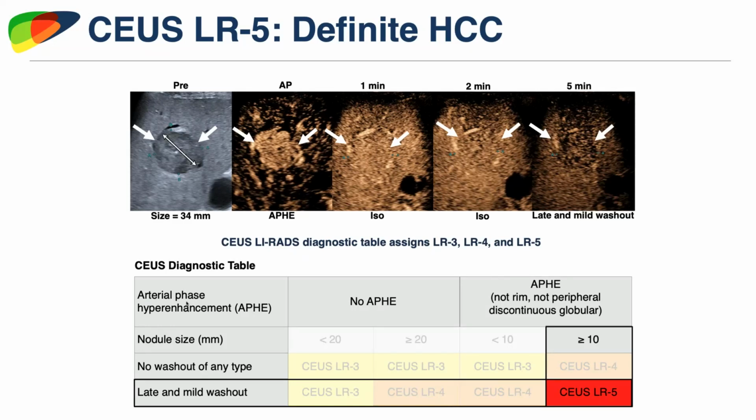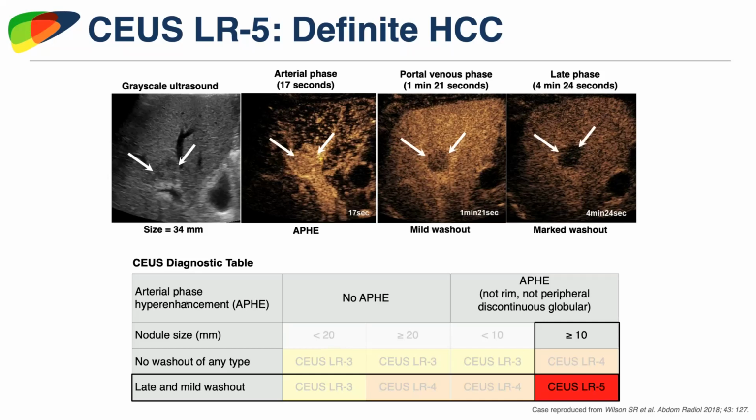Here's your classic HCC, your definitive HCC LR5 observation. Something identified on the B-mode image greater than 10 millimeters, showing arterial phase hyperenhancement and mild late washout. Going to the diagnostic table, you get to LR5, definitive for HCC.